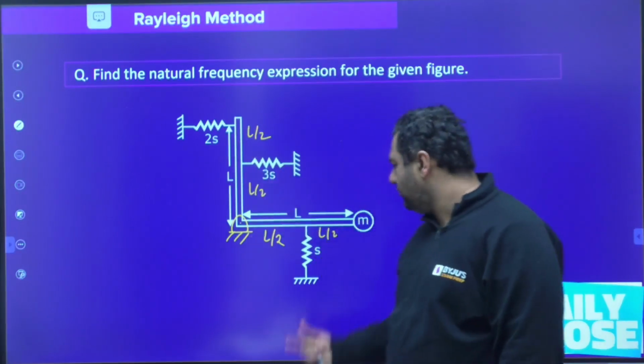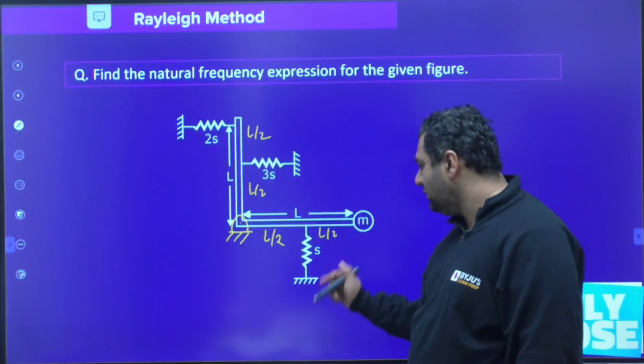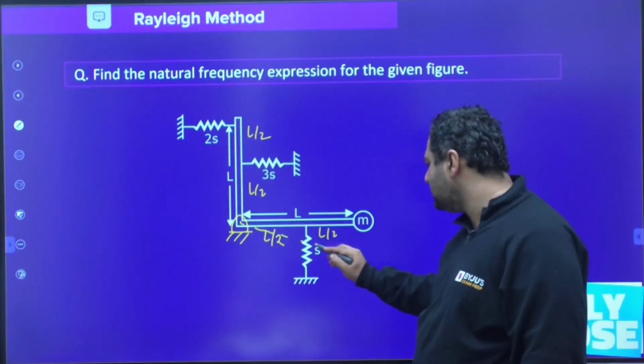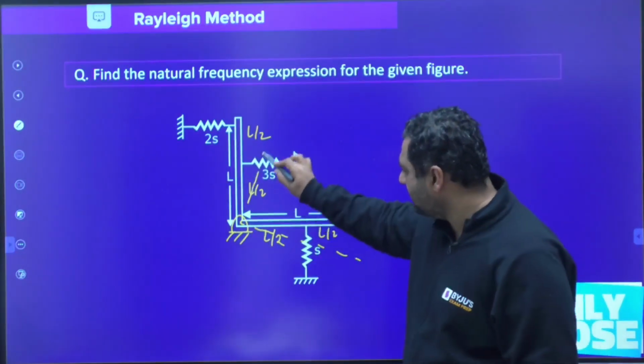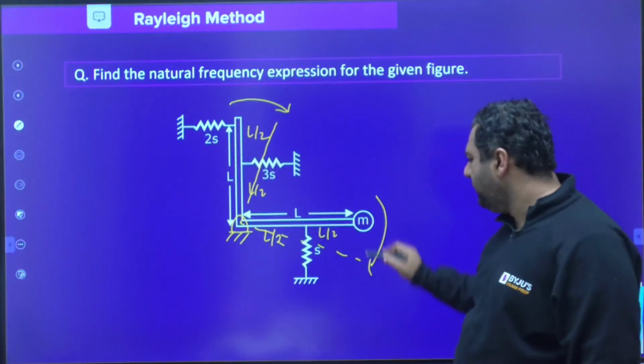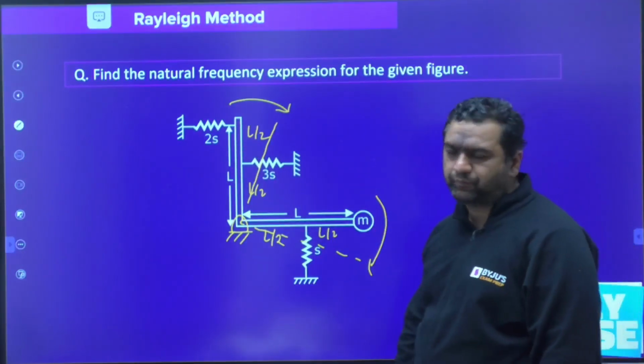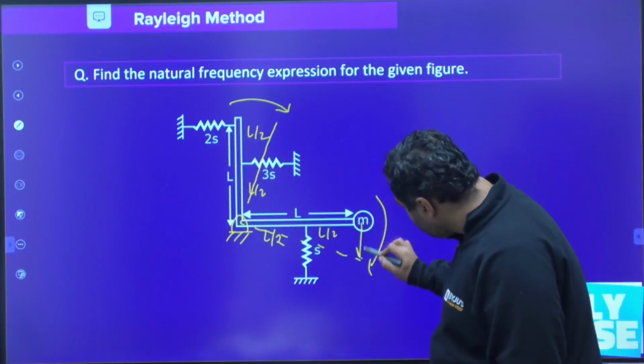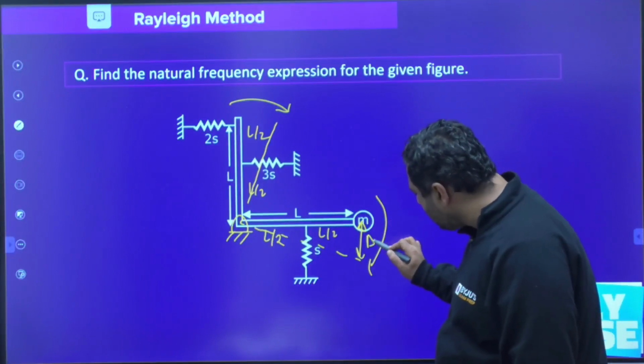Because of this one point mass, this would be deflected like this, and this would rotate by angle theta, because this mass will try to go down. We are interested in the static deflection of the mass, that is delta naught.